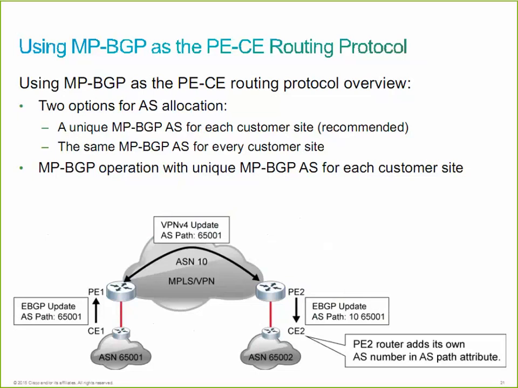That unique autonomous system number per site allows us to create AS path filtering, to perform BGP route manipulation, and so on. So if I use a common autonomous system number across all the sites, I lose some of that functionality that I would have if I have a unique autonomous system number for each site. And remember, these autonomous system numbers don't have to be public, right? In fact, they're usually not public.